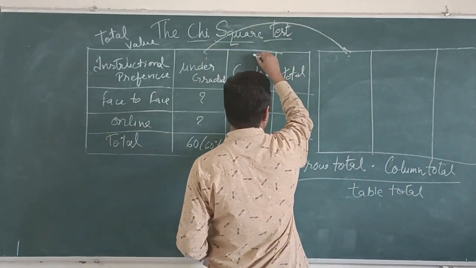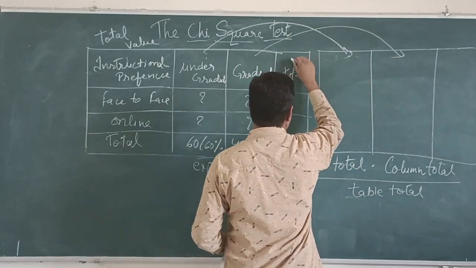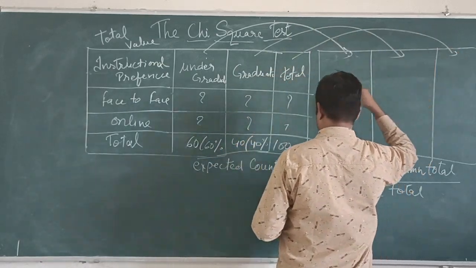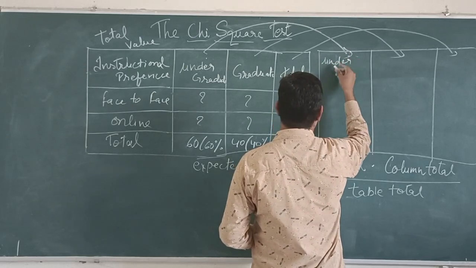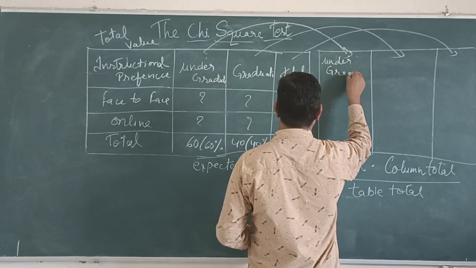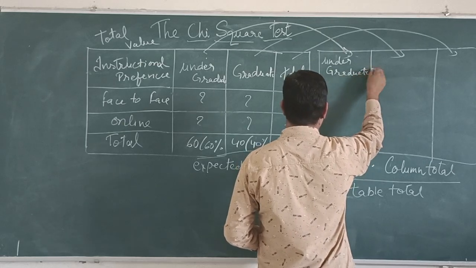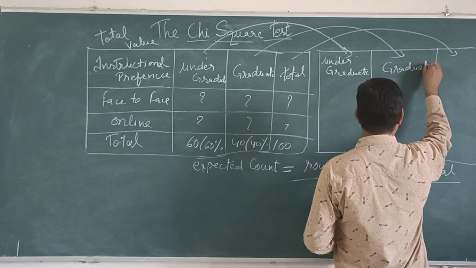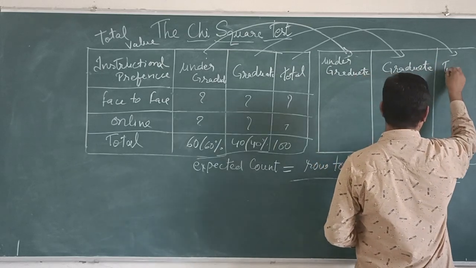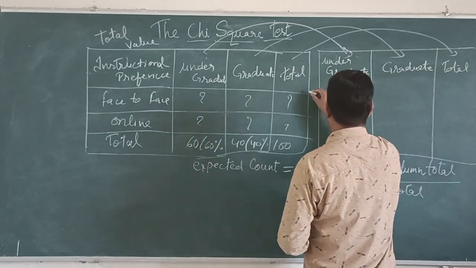Here we can write undergraduates, graduate, and total.